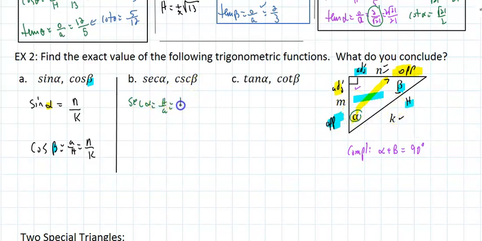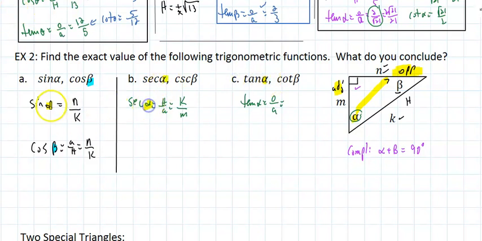The hypotenuse is a K. And the adjacent of beta is an M. And since I'm at it, if I take tangent of alpha, that's the opposite of alpha over adjacent. So maybe I should have done that from the beginning, so I wouldn't confuse you. Let me just stick with the bluish part. I mean the yellowish, right?